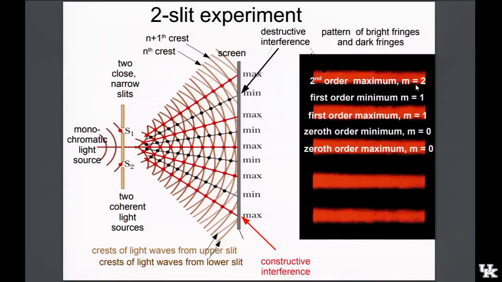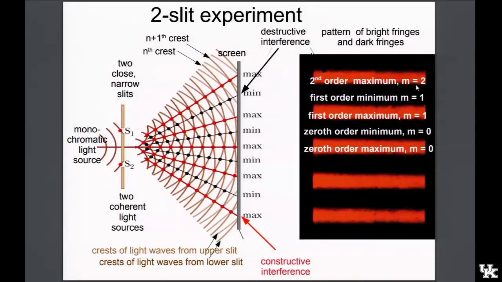And when you get crest and crest, as we now know, we're going to get constructive interference because we've got phase difference 0 degrees. When we get crest and trough, we're going to get destructive interference because we've got two waves that are half a cycle apart, 180 degrees phase difference. And so we're going to get regions of constructive interference, and we're going to get regions of destructive interference.